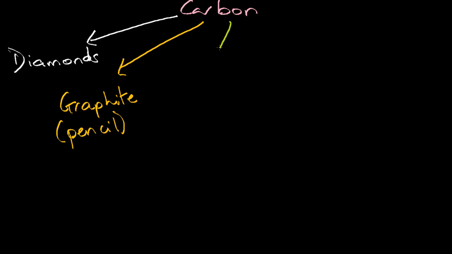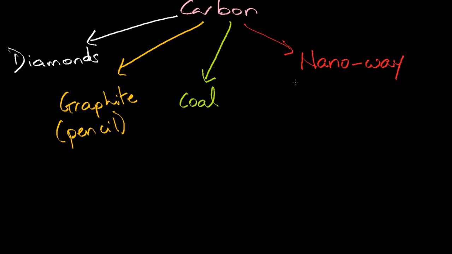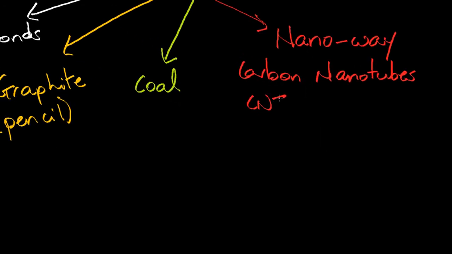Now, if you arrange carbon again another way, you get coal. But if you arrange carbon the nano way, you get carbon nanotubes, which scientists often refer to as CNTs.